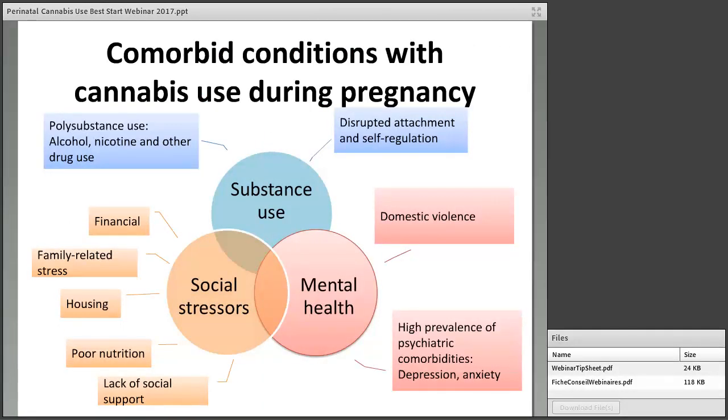Now, beyond marijuana use, we have to be very cognizant that when we are dealing with women who are pregnant and they're reporting cannabis use, it's usually not in isolation. They come with a variety of other disorders or conditions that we have to consider when we're looking at counseling and cannabis use. So there's frequently polysubstance use. So these women don't just use cannabis, but they will have a higher risk of also using alcohol and tobacco.